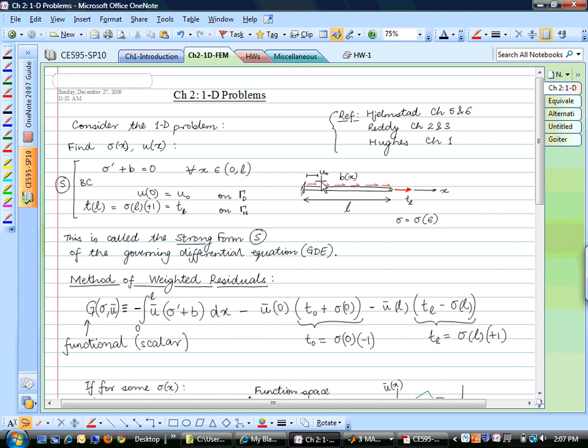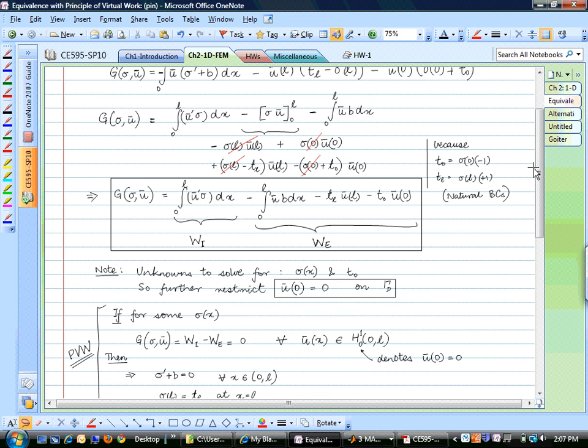We know the displacement at 0. So one way to actually get rid of this unknown is to choose u bar at 0 to be equal to 0. And this is a choice. You don't have to do that. Okay.